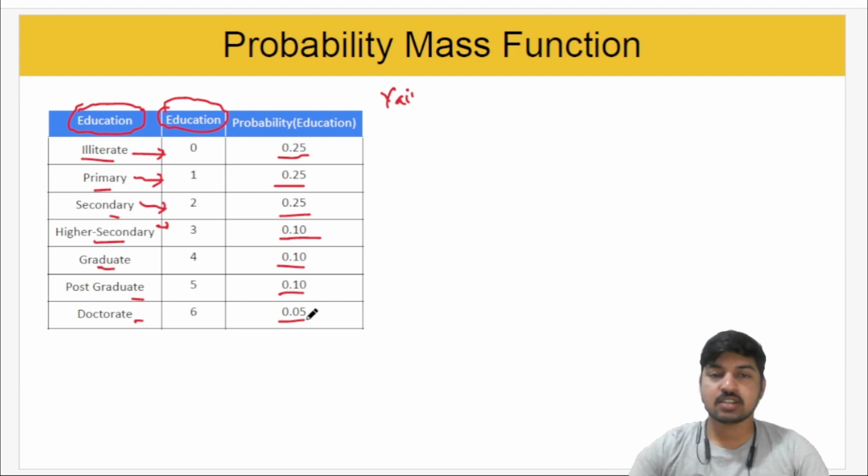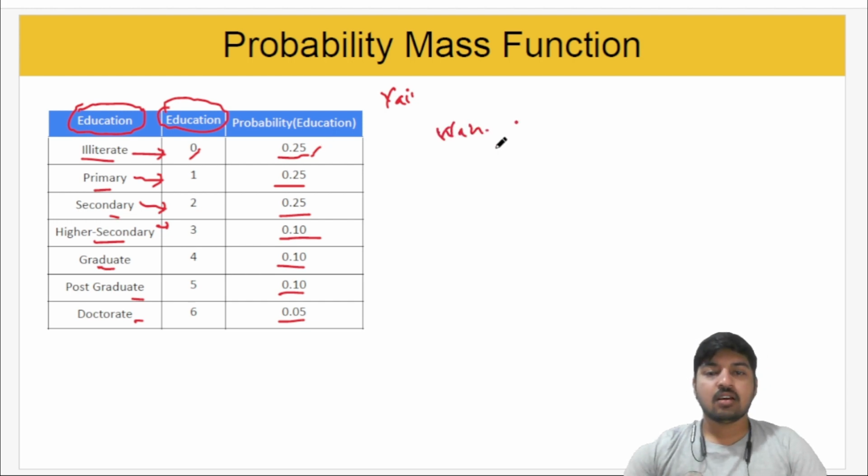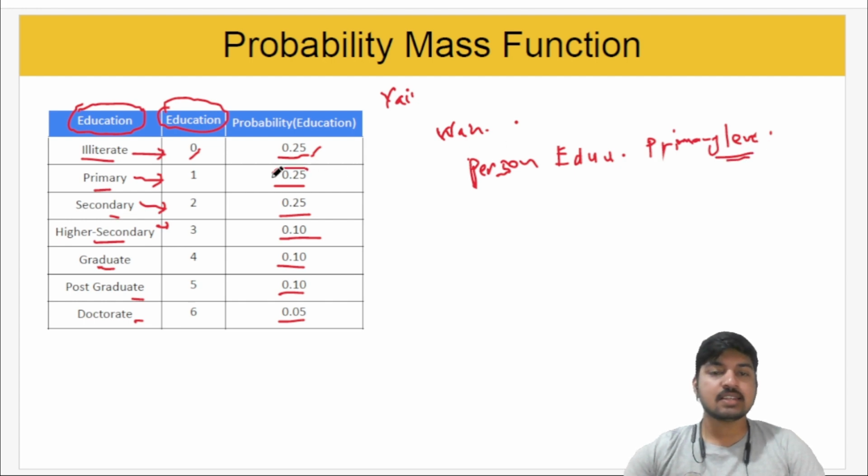What is a probability mass function, by the way? It maps the value with probability. If I ask what is the probability that a randomly selected person has primary level education, you can simply tell that it is 0.25, isn't it?